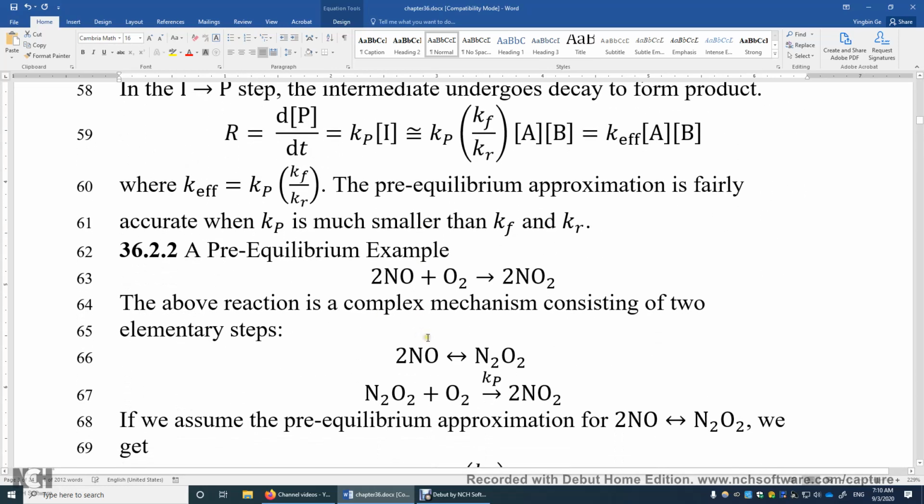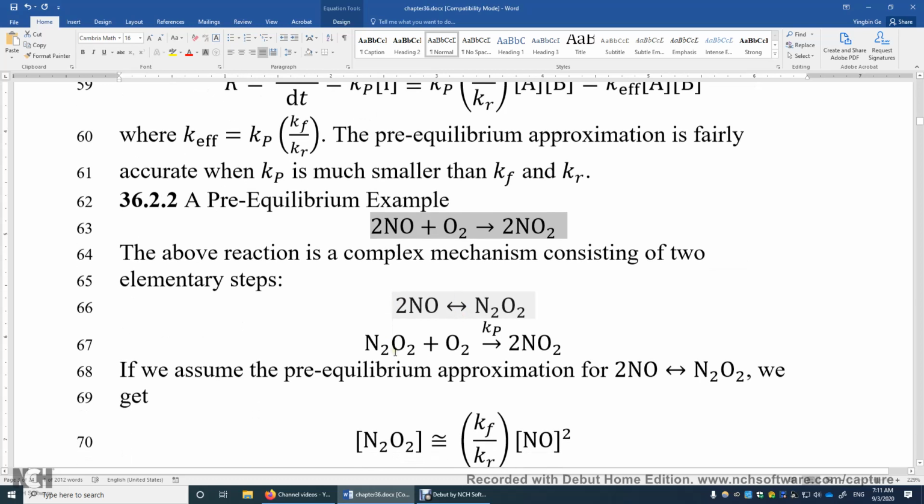Now let me give you a real chemical example. Let's say 2NO plus O2 gives 2NO2. This is a complex mechanism. It contains 2 elementary steps, actually 3, if you count the forward and reverse as 2 different elementary steps.